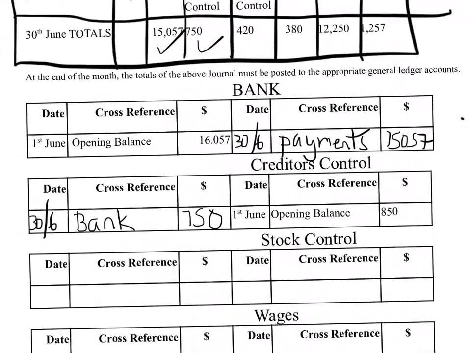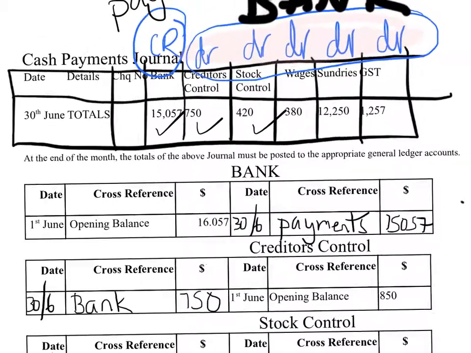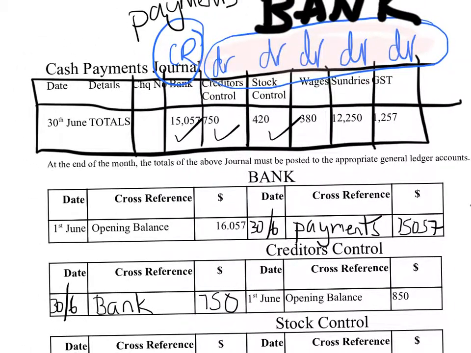Go down to stock control. I said we're going to be writing on the debit side, 30th of the 6th, bank. The amount is $420. Tick. Next one is wages.